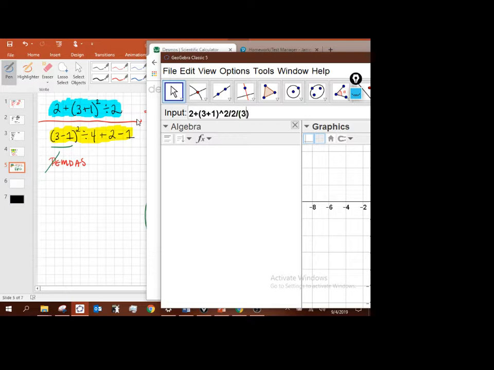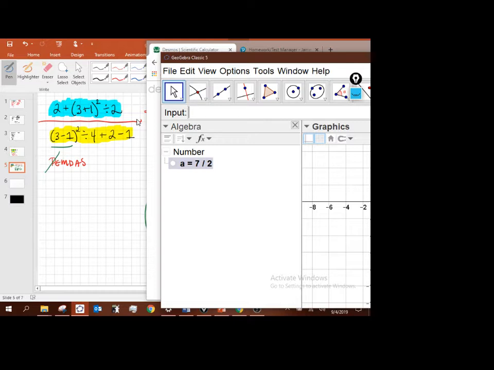And I'll put in parentheses 3 minus 1, square that, another division for 4, plus 2 minus 1. Now, we did it by hand, and we know we followed order of operations to a T by hand and got 5, right? That gives me 7 halves. 3.5. Not the right answer, right?